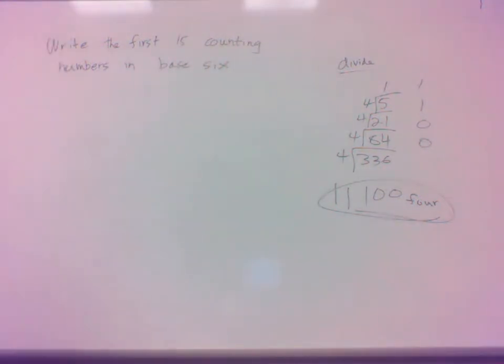Yeah, so the counting numbers in base 6 will have a little change. You know, after 9, we go to 10. But we're only in base 6, so let's see what that means.